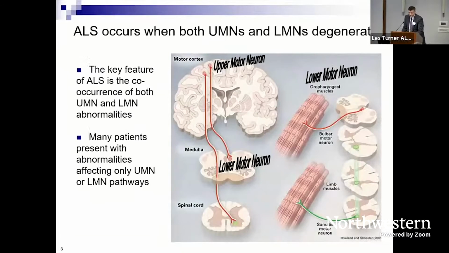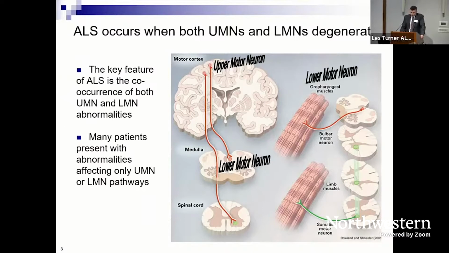Although by definition, ALS occurs when both upper motor neurons and lower motor neurons degenerate in the brain and spinal cord, many patients initially present to the neurologist with abnormalities primarily or exclusively of upper motor neuron or lower motor neuron pathways.